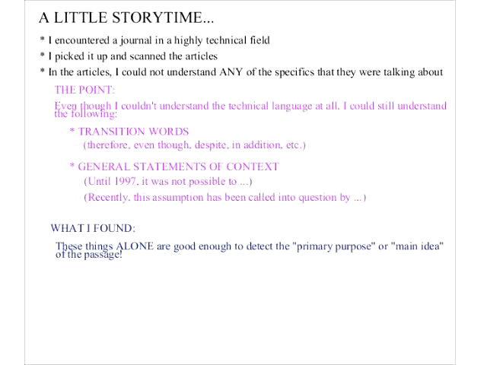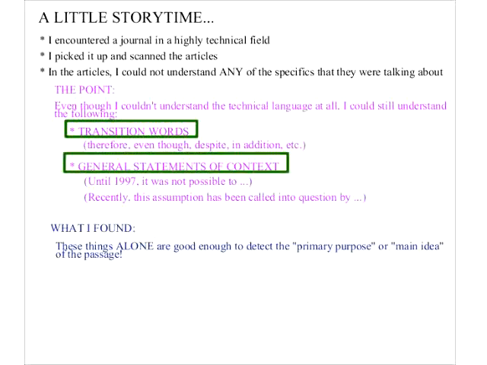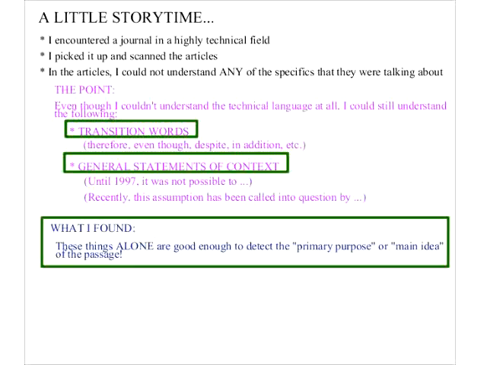Even if you don't understand anything in the specifics, you can still look at the transition words and at general statements of context that are not specific, and I found that this was plenty good enough. So what we're going to do in today's study hall is apply this insight to some RC passages from GMAT Prep, and we'll see how that pans out.